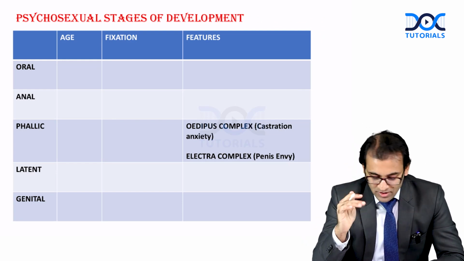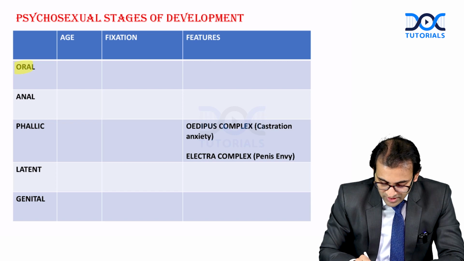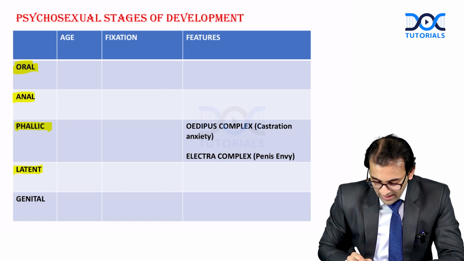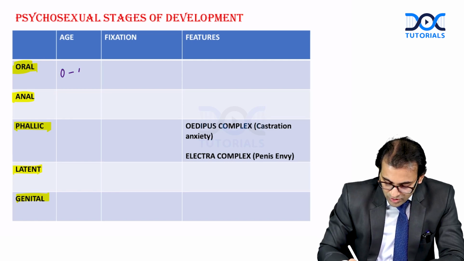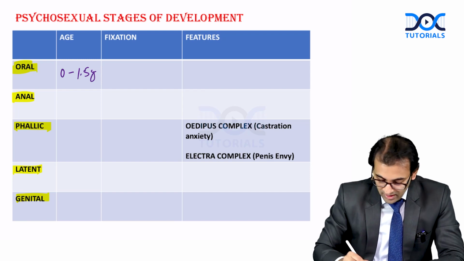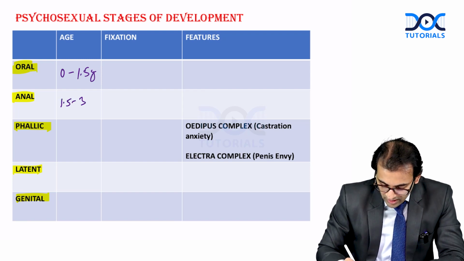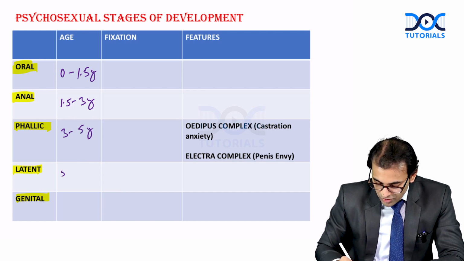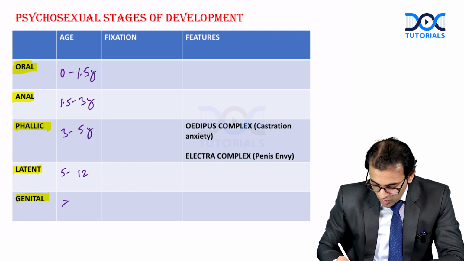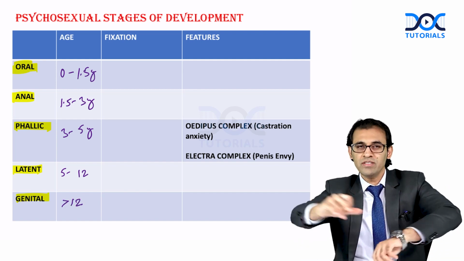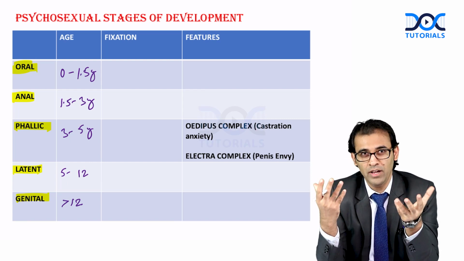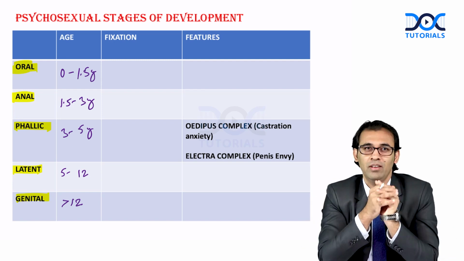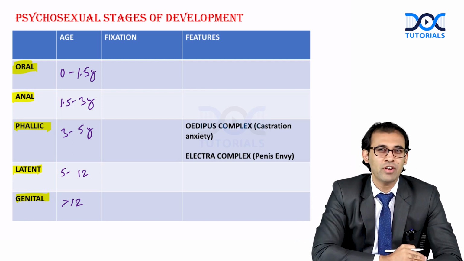Remember the stages: oral, anal, phallic, latent and genital. Oral stage is 0 to 1.5 years, anal stage 1.5 to 3 years, phallic stage 3 to 5 years, latent 5 to 12, and more than 12 is the genital stage. Freud said that a 1-year-old child can derive sexual pleasure, but the way he derives it is different.